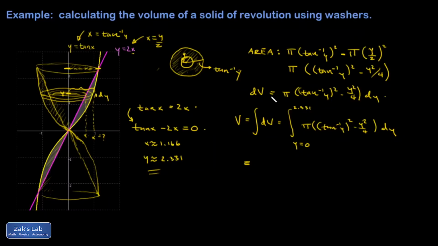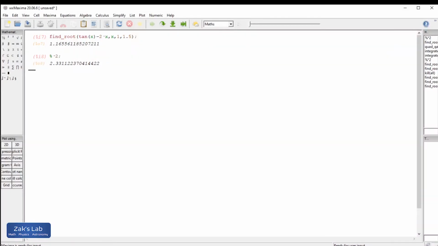So I have pi inverse tangent squared y. Okay. I'm going to try the integrate function, but this only works if there's an actual analytical solution to the problem, and I doubt that there is, but I'm going to just check because I'm curious.